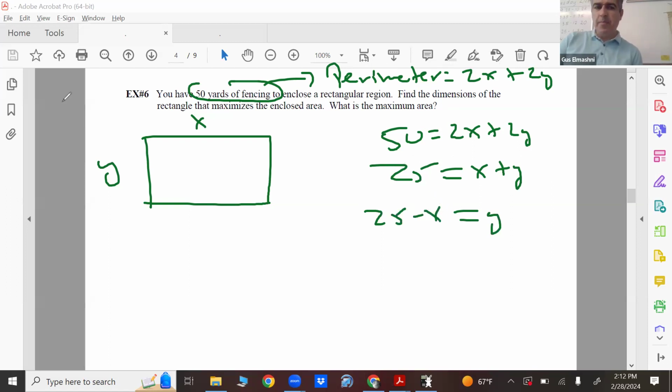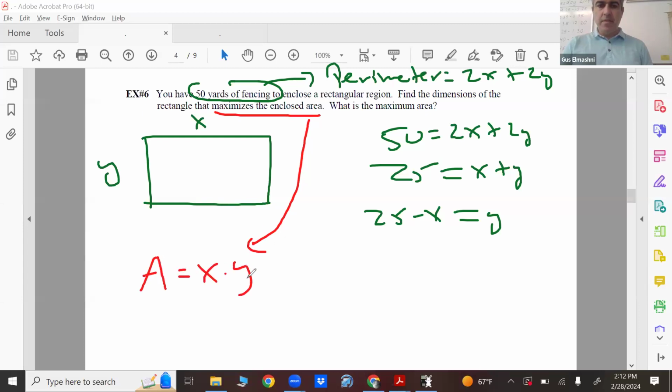What do they want in the problem? What is it they're interested in? Maximizing what, guys? Area. So x times y.